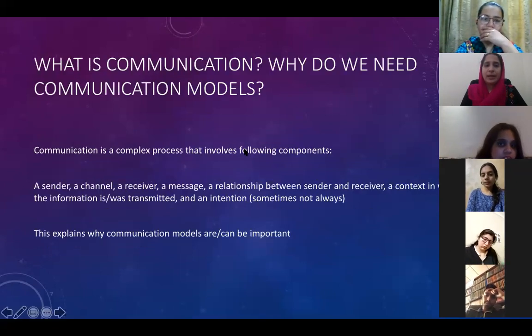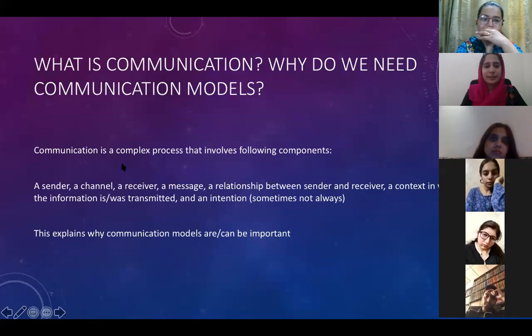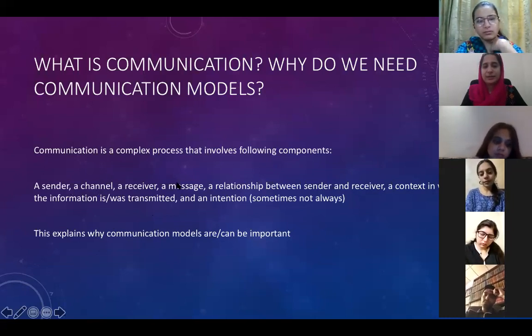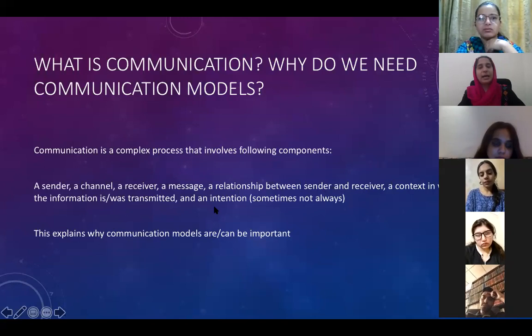Now, this is something that I have already discussed in my last lecture. We talked about the idea that communication is a complex process that involves these components: sender, channel, receiver, message, relationship between sender and receiver, and context. And sometimes there is an intention when information is sent. I will give you the example of advertising.